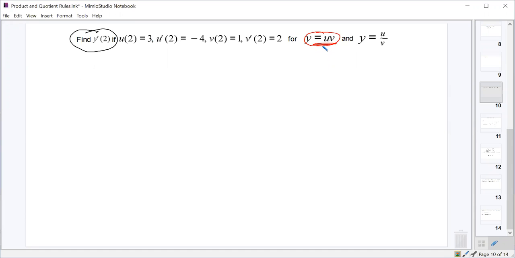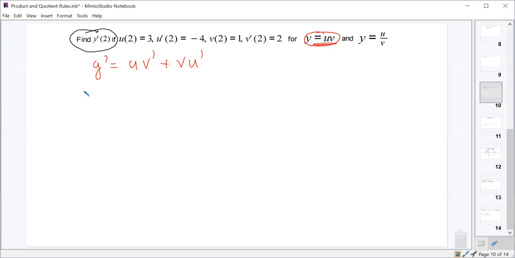So if you want to find out what the derivative of u times v is, you have to use which rule? Product rule. You got to use the product rule, right? So y prime is equal to u times the derivative of v plus v times the derivative of u.